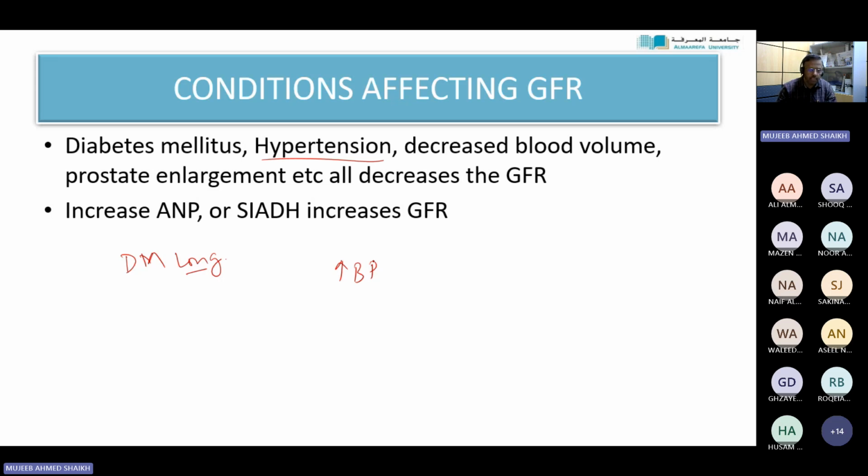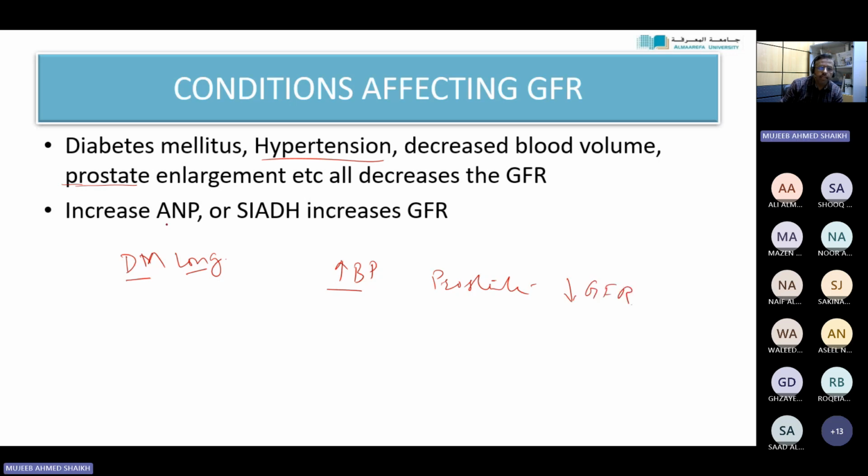If the blood pressure is not controlled, then it will lead to a change in the GFR. Prostate enlargement: in males, the enlargement of the prostate will create a back pressure that will lead to decrease in the GFR. All these conditions, diabetes mellitus, increased blood pressure, or increased size of the prostate, will lead to decrease in GFR.